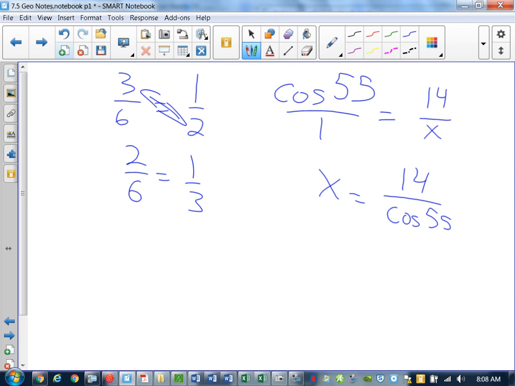Because these are just proportions. Proportions are ratios that are equal to each other. Since ratios are equal to each other, you can flip them on diagonals. And we did that back in chapter 5, right?